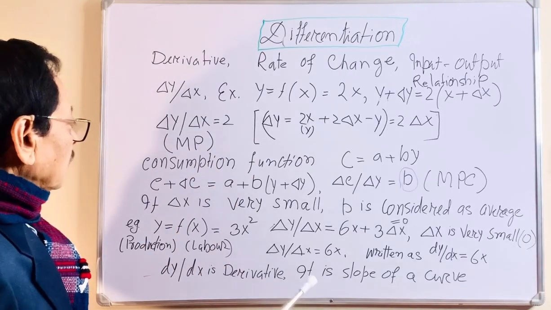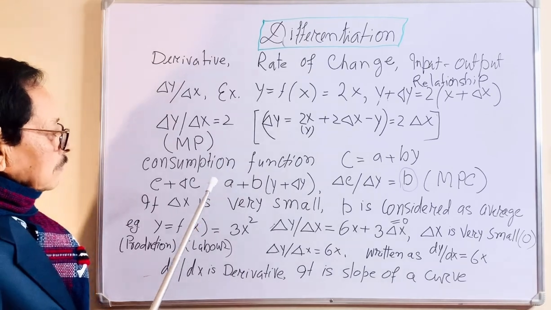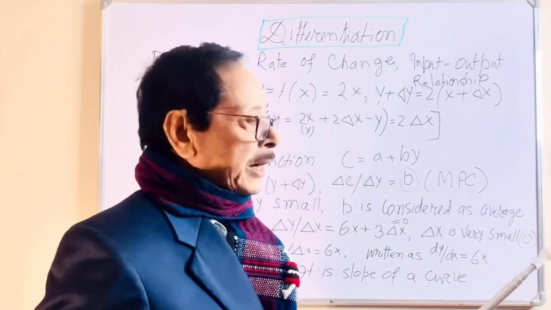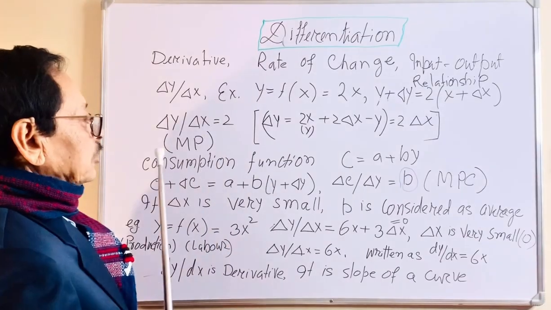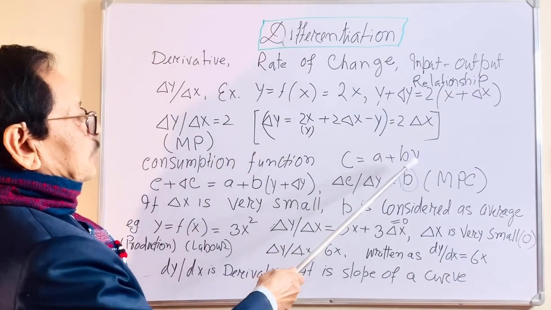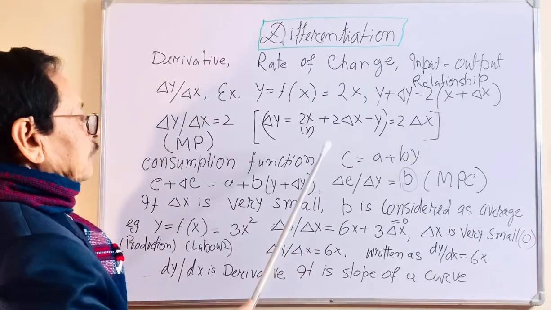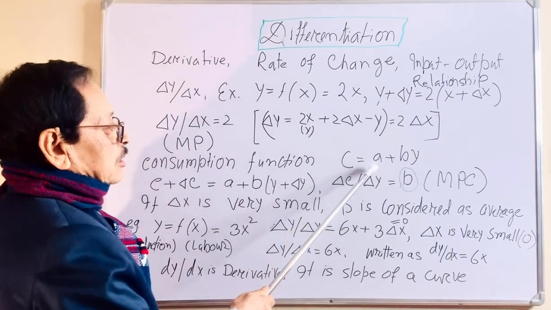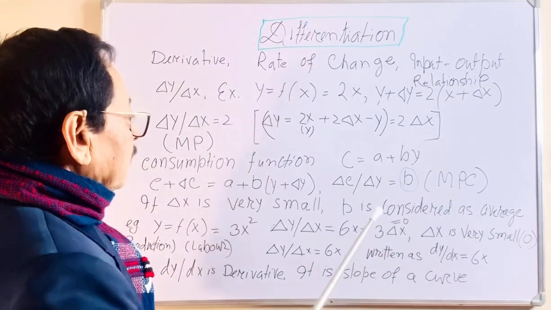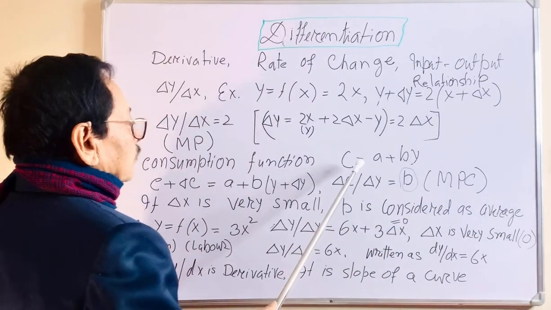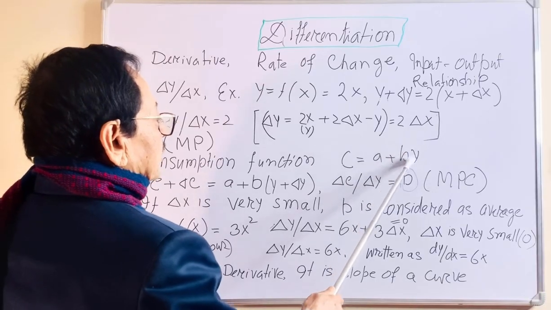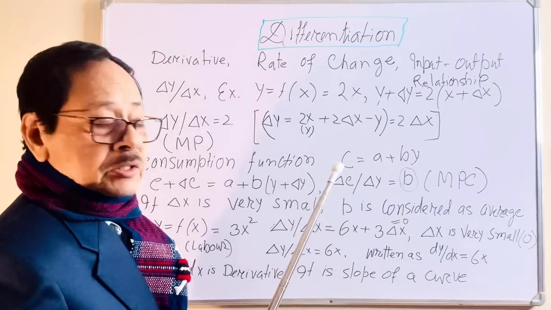Similarly, in macroeconomics, we find the consumption function. Say C is equal to A plus BY. C is a function of Y. That means consumption is a function of income, called disposable income. B is the rate of change.